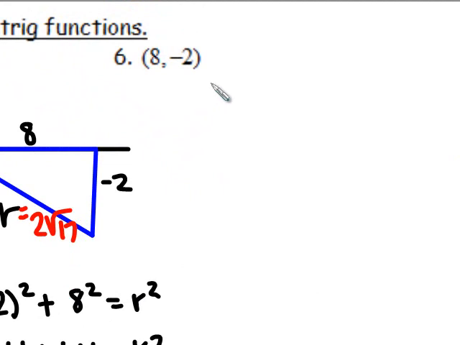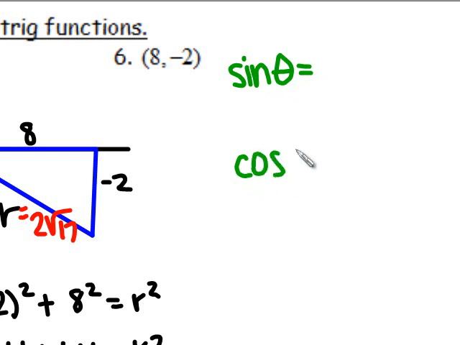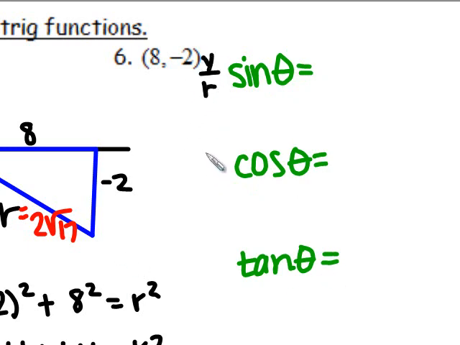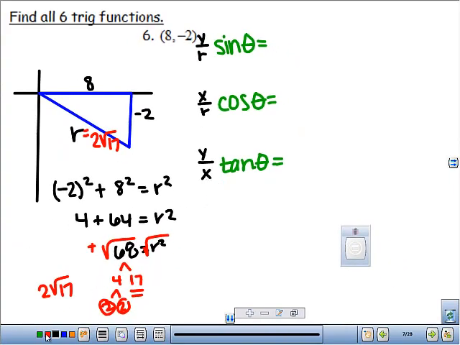Now when you go over here to list your trig functions, same ratios as the last problem. Y to r, x to r, and y to x. Alright, so in our triangle, our y value is -2.